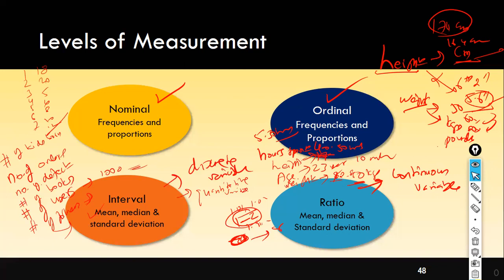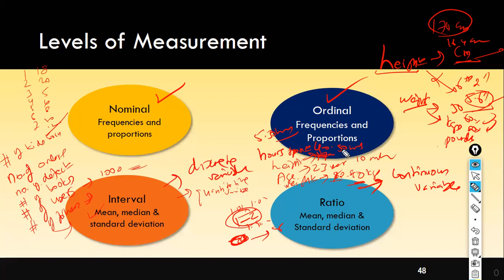If you specify it in terms of categories, nominal values, you can use it for height too: short, medium, tall. We can classify height that way also. But when you quantify that height, you will say 6.2 feet.